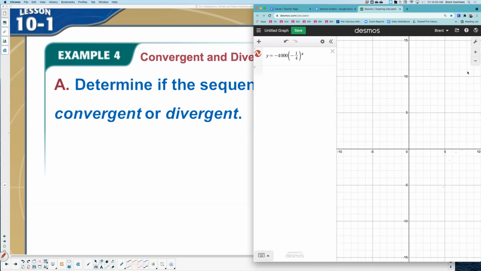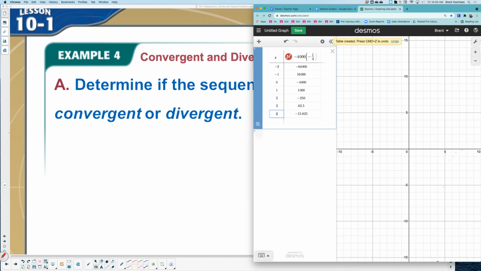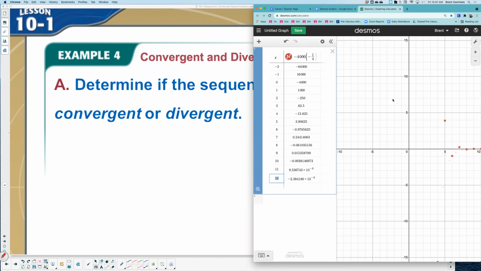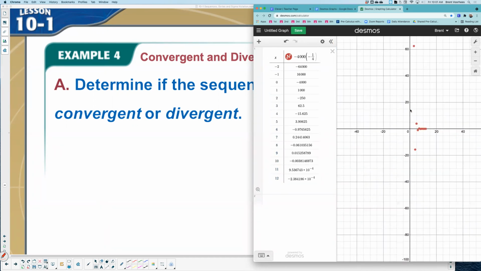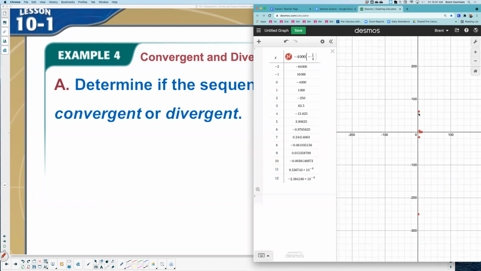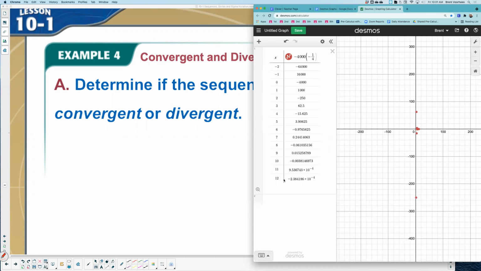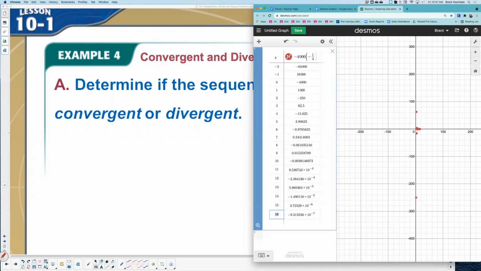I saw it, but it disappeared. You see these little dots? It's trying to graph it. It's struggling because of the rate being negative. But if you hit table and I start pressing enter, it'll start plotting these. And you can see when I zoom out, what is my sequence doing? Is it getting closer and closer to 0, or is it farther and farther away from 0 as we go?